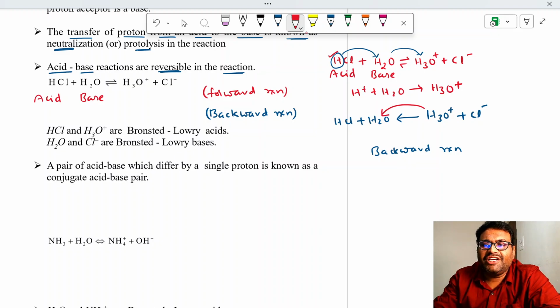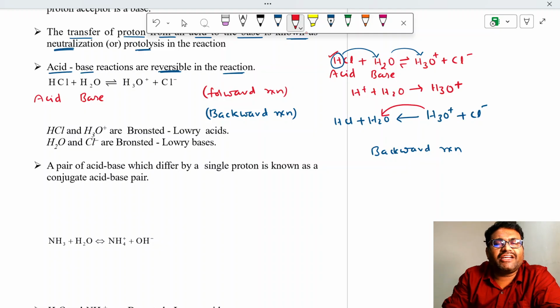That means H3O plus has given one H plus to Cl minus. It has lost one H plus, and that H plus is given to Cl minus, so that Cl minus is converted into HCl.